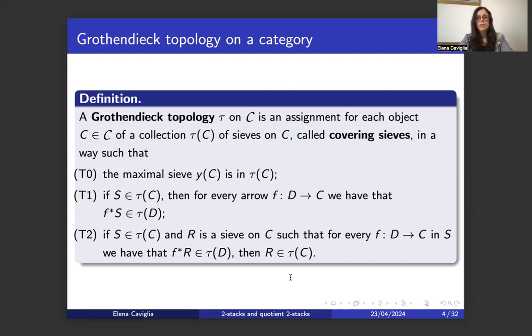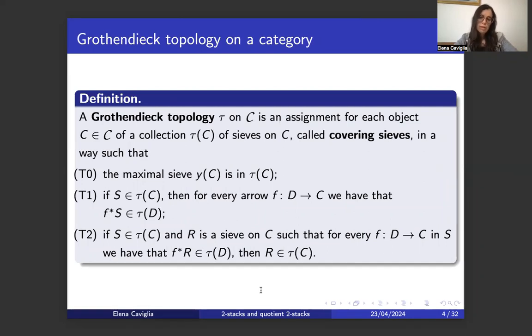And this can be also thought of as a basis of the Grothendieck topology in the same way in which we have a basis of a usual topological space. And we will use this language of covering families a bit later, but our main language is that of sieves. So that's why I presented the definition in this way. And a category equipped with a Grothendieck topology is called a site.